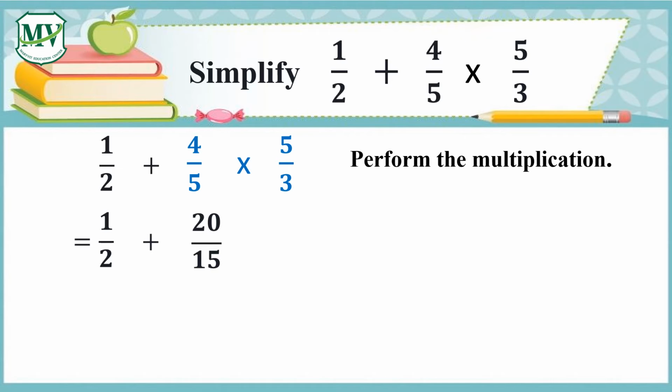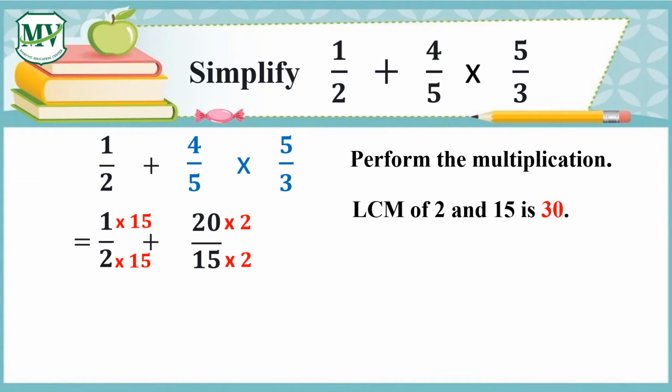Now, let's make their denominator the same. 2 and 15. We need to take their LCM as their common denominator. The LCM of 2 and 15 is 30. Let's multiply the first fraction by 15, the second fraction by 2.